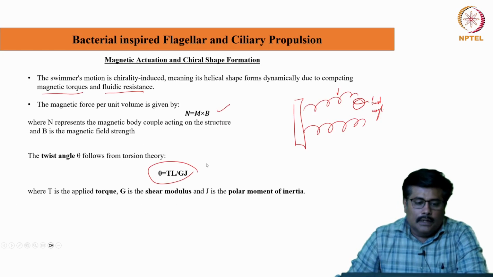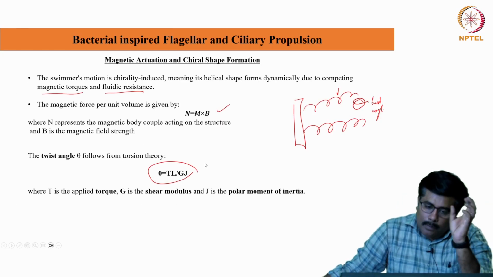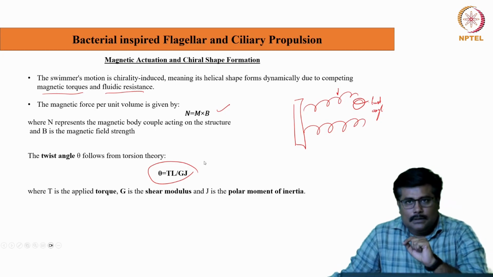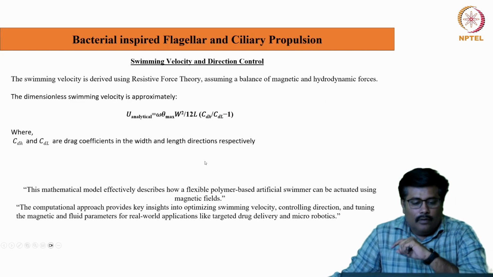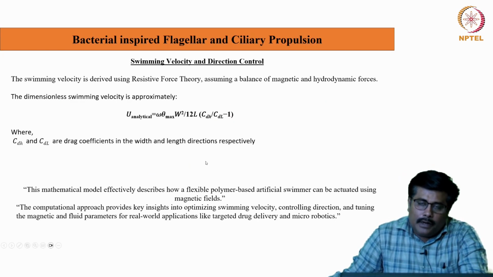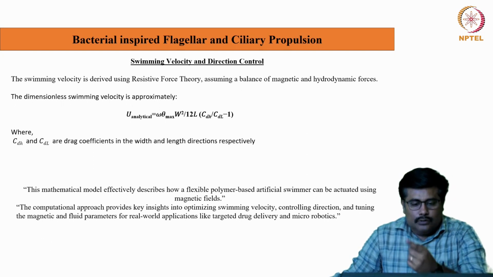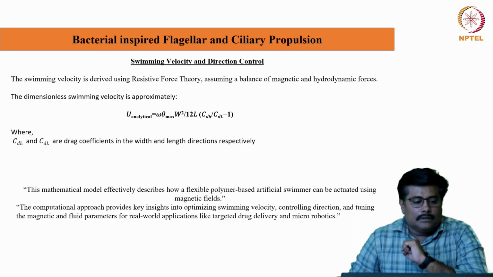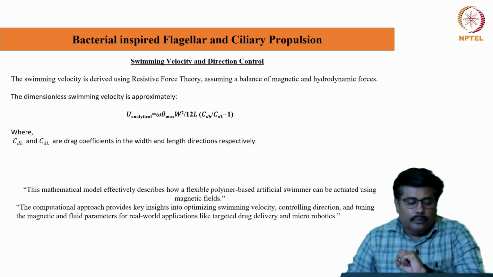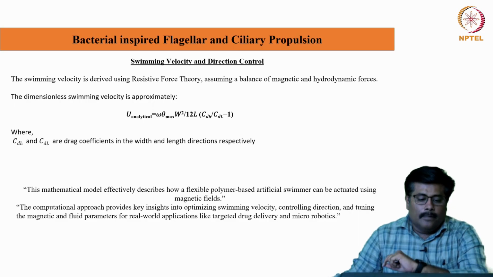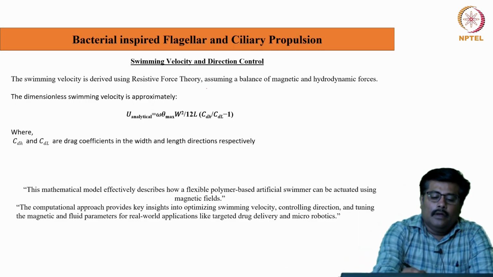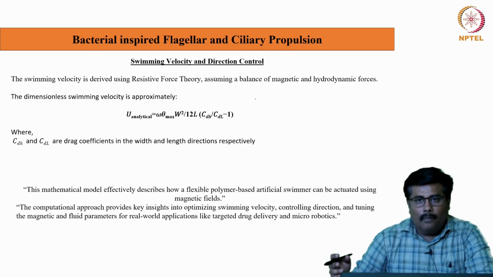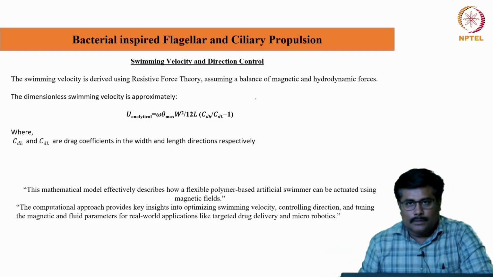Now, in the earlier case, we were talking about the magnetic actuation and the chiral shape formation. Now we will discuss the different parameters which contribute towards the swimming velocity and the directional control. The swimming velocity is derived using resistive force theory, assuming a balance of magnetic and hydrodynamic forces.